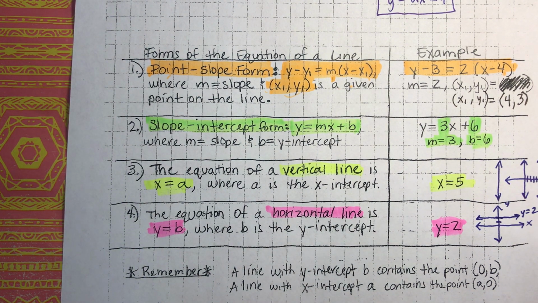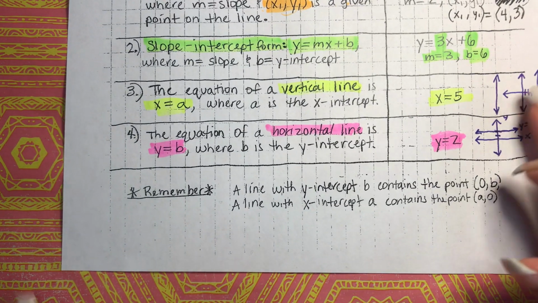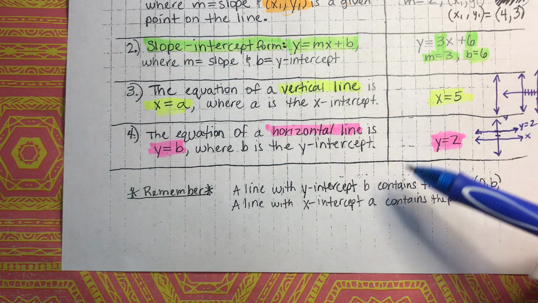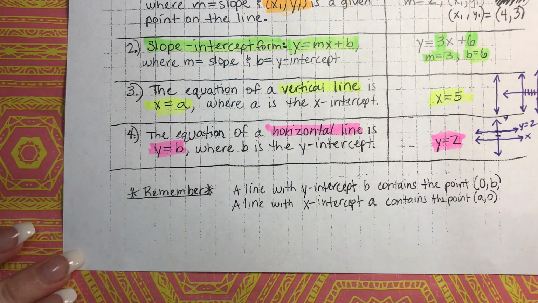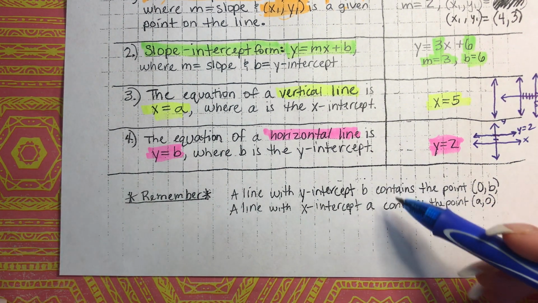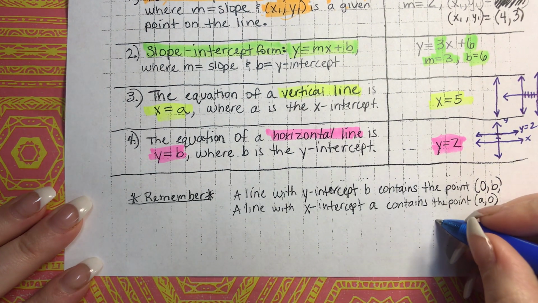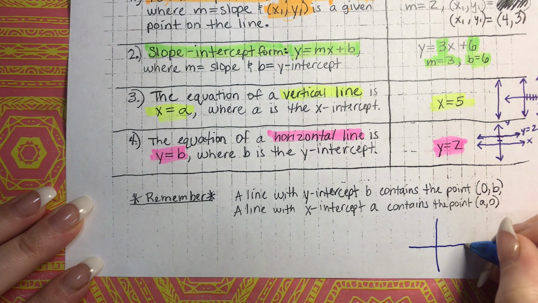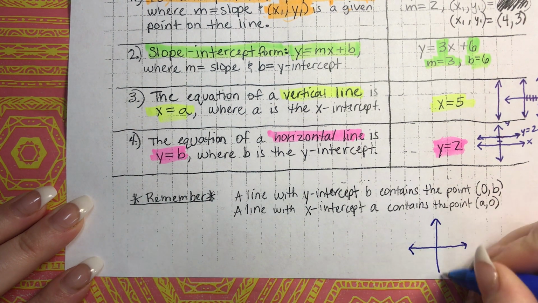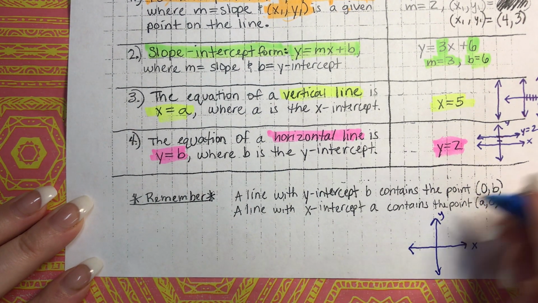Okay? Perfect. Okay, and then just something to remember is whenever you're dealing with lines, you're going to deal with intercepts. Intercepts is where the line crosses a particular coordinate plane. So here, I have my coordinate plane here, and this is my x, and this is my y.